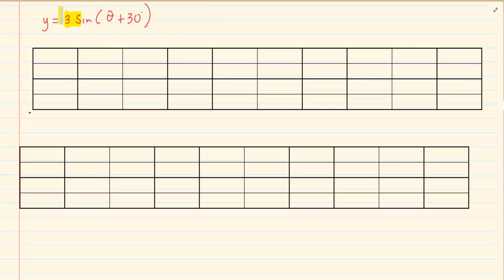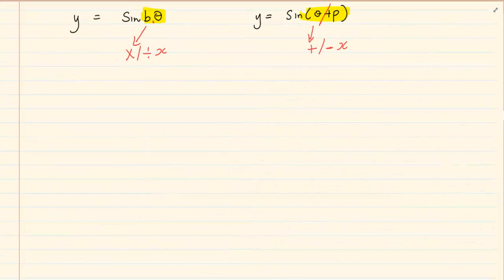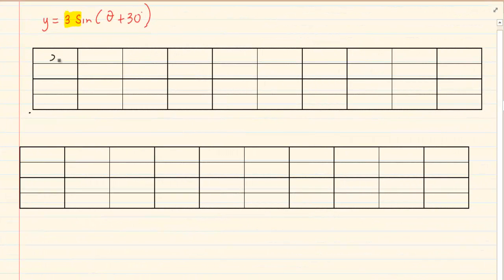So when you're starting all graphs, the first thing you have to do is you have to have the mother graph. Now, you should know the mother graph already. Now, we have our x and y, but because we are doing grade 11 work, they tend to go into the negative as well as the positive. So you're not just going to go 0, 90, 180, 270, 360.